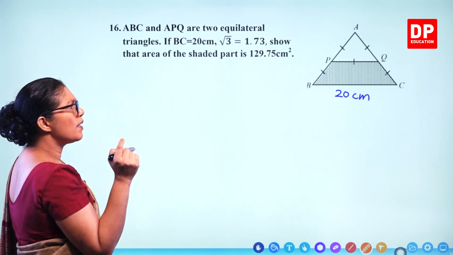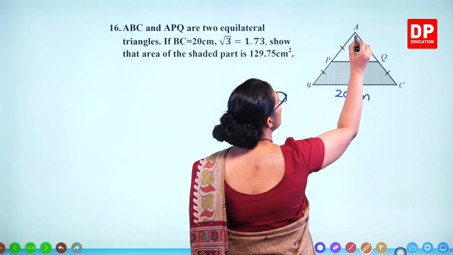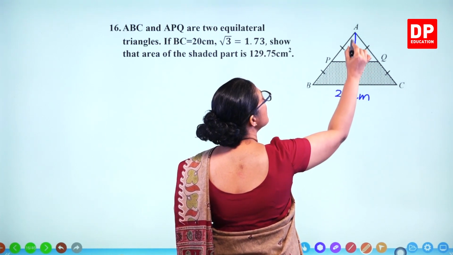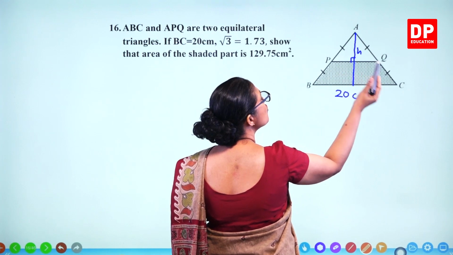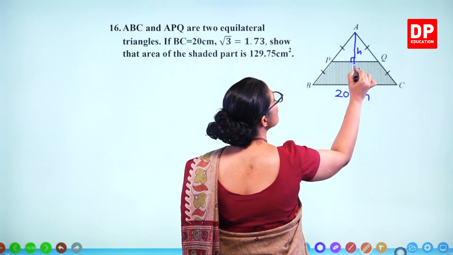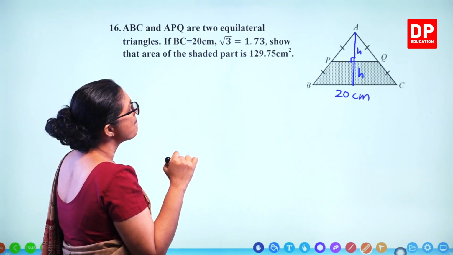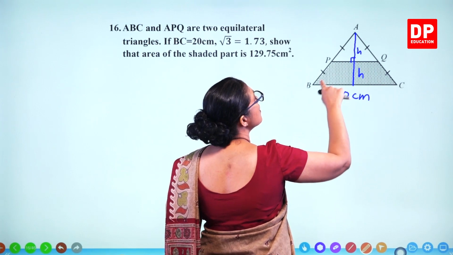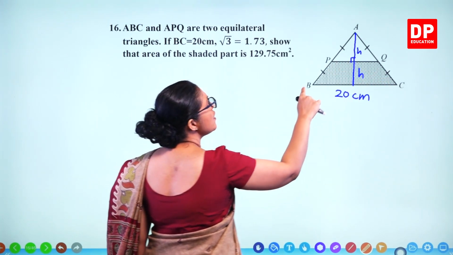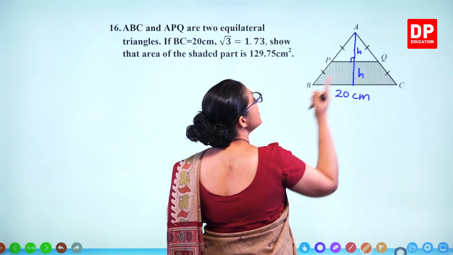The lengths are equal. So because of that, if this height is h for the smaller one, the height is 2h for the bigger one. So this is also h. We can use the trapezium area. We know the base, this length. If you can find this length, it's easy.